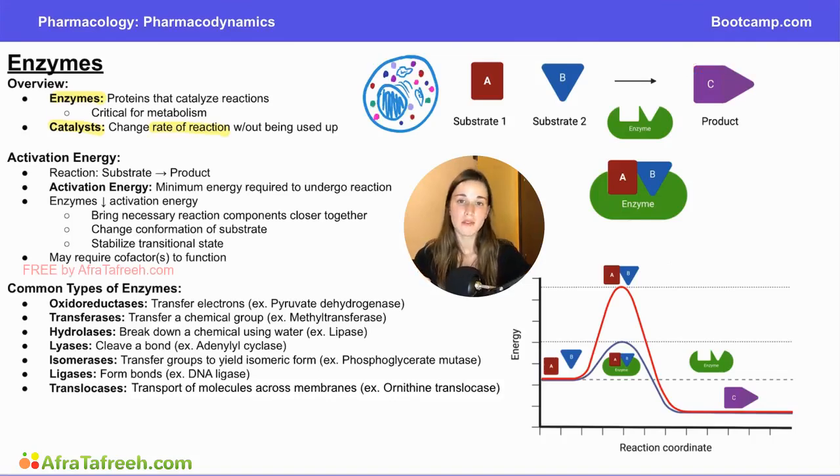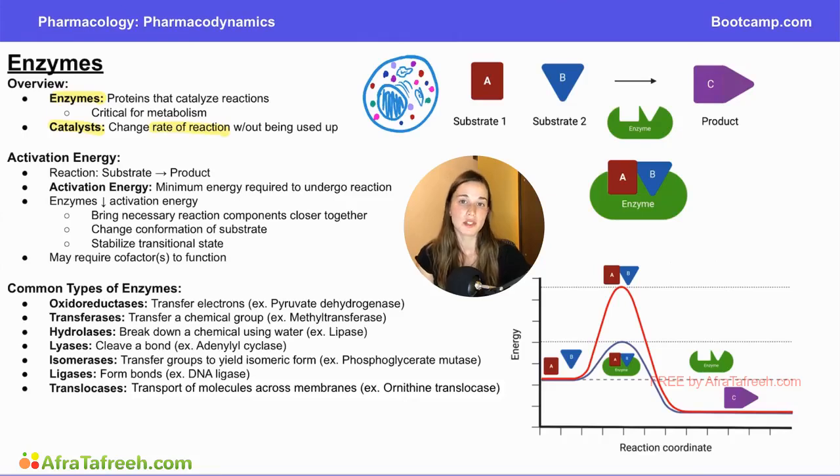So when you think about what the environment looks like for substrate A and substrate B, the likelihood that they're going to bump into each other by random chance alone is fairly small because there's all this other stuff in the cell that the proteins can bump into. This is especially going to be the case if the substrates aren't found in the cell at a high concentration.